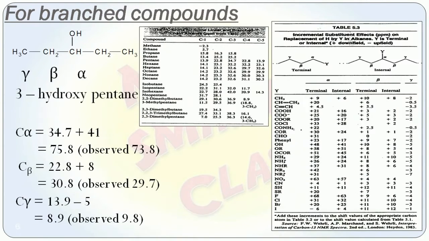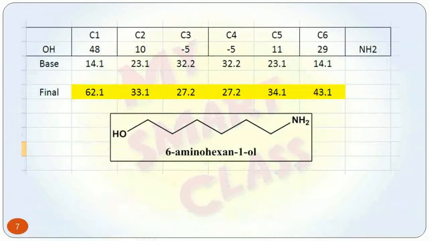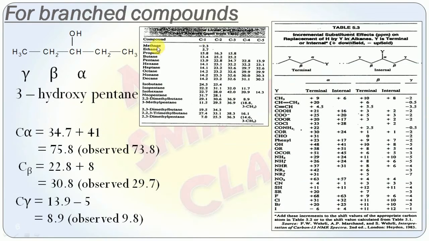So let's move together. Now we are going for the chemical shift calculation of some complicated molecules, like this molecule, where we have two functional groups. As we know, we have to use a chart for this chemical shift calculation, and here is that chart. This chart is for the calculation of base value.